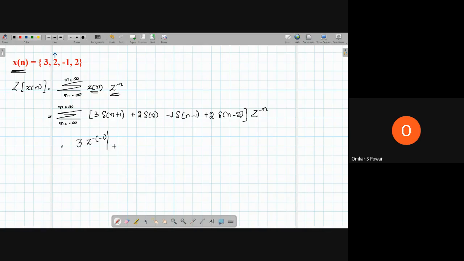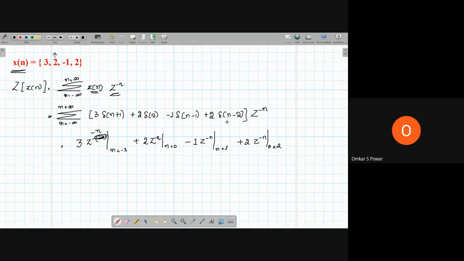Here it is 3 z to the power of minus n at n is equal to minus 1, plus 2 z to the power of minus n at n is equal to 0, minus 1 z to the power of minus n at n is equal to 1, plus 2 z to the power of minus n at n is equal to 2.